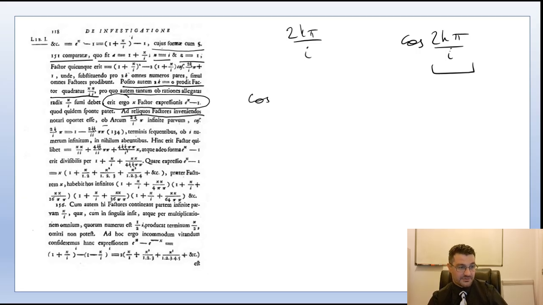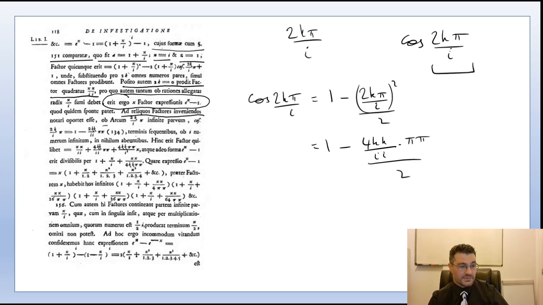So he says, for example, that cosine 2k pi over I is equal to 1 minus (2k pi over I) squared over 2, which is going to be equal to 1 minus 4kk over I times pi over 2, which of course is equal to 1 minus 2kk over I times pi, and that's what we're getting here.